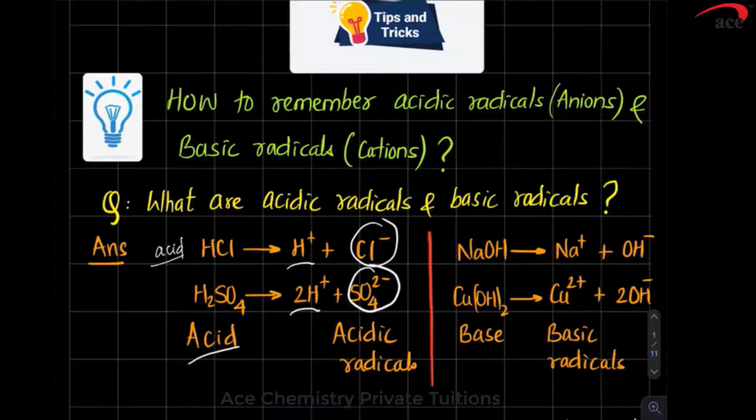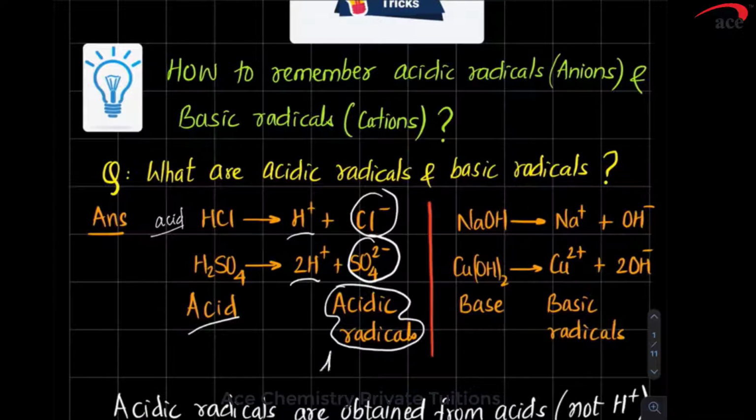Negative ions obtained from acids are called acidic radicals. You can call acidic radicals even anions. They can also be called anions.